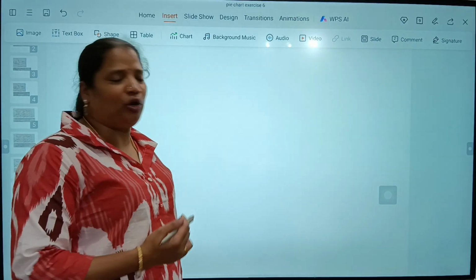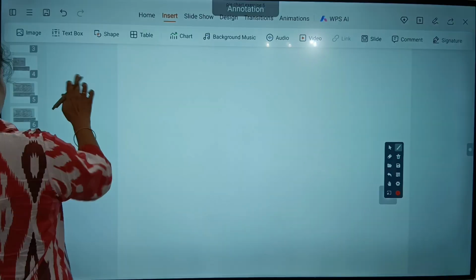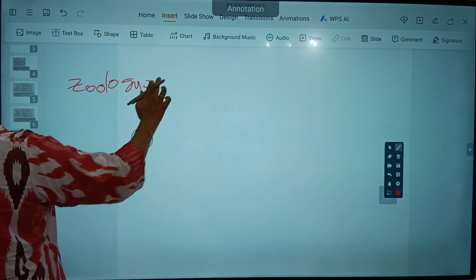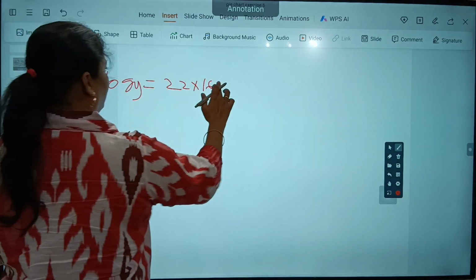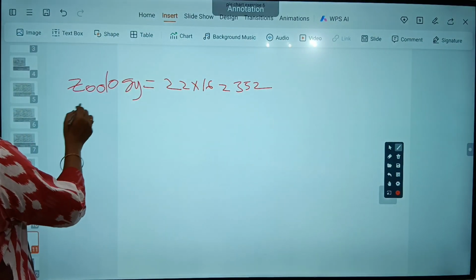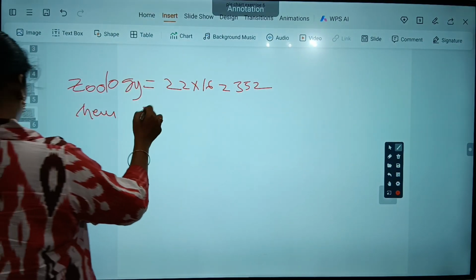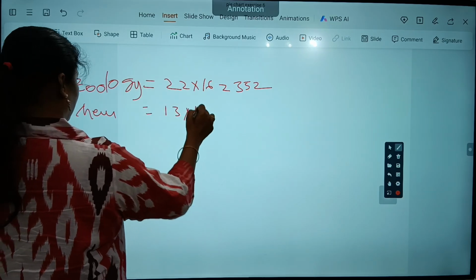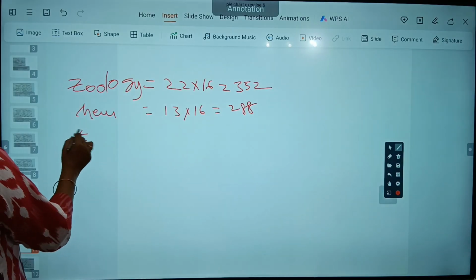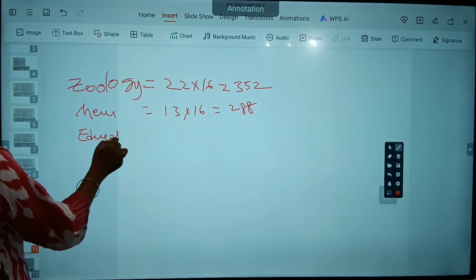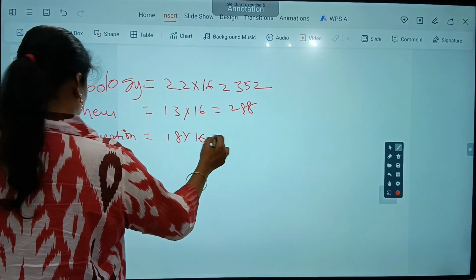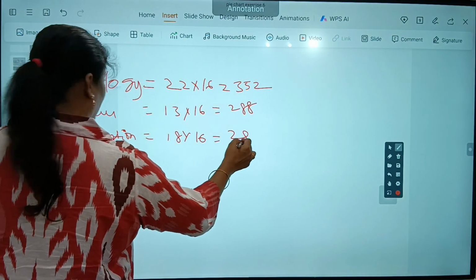Now I am writing the table here. Zoology equals 22 into 16, which equals 352. And again chemistry equals 13 into 16, which equals 208. Education equals 18 into 16, that is 288.